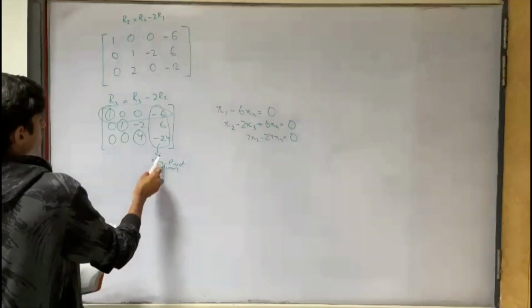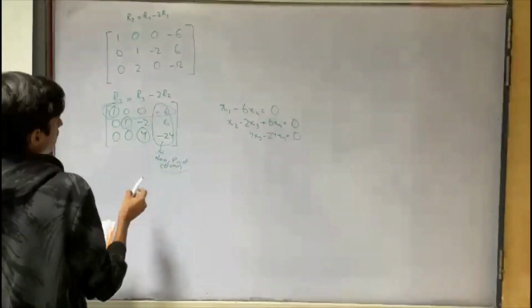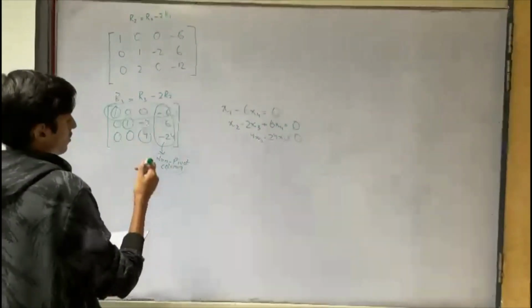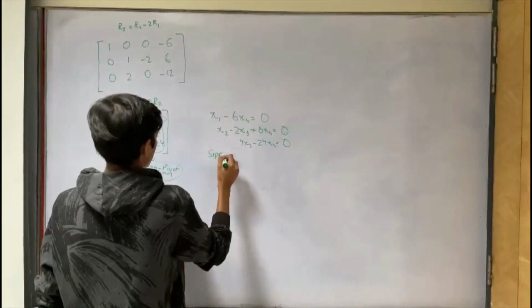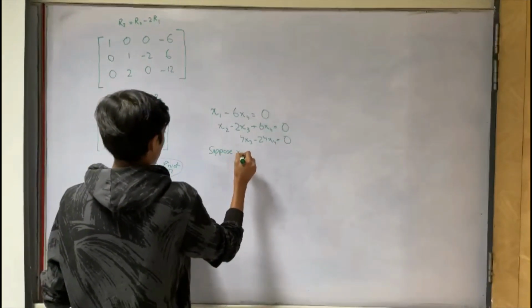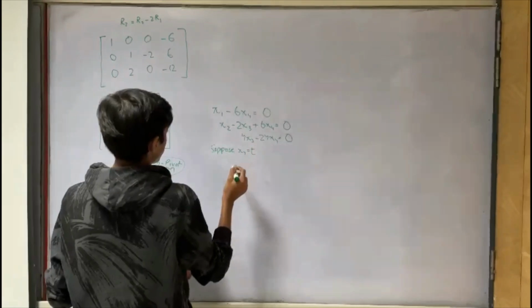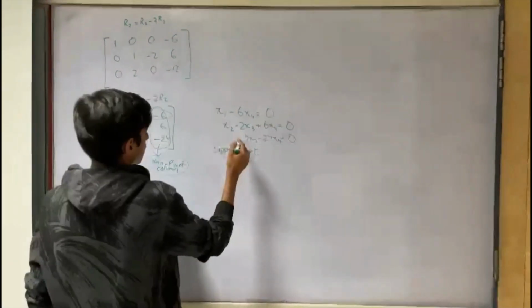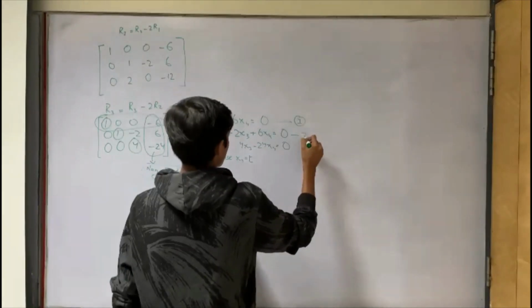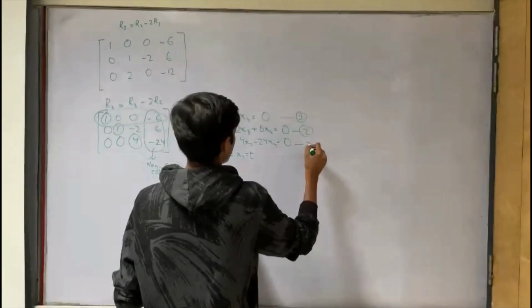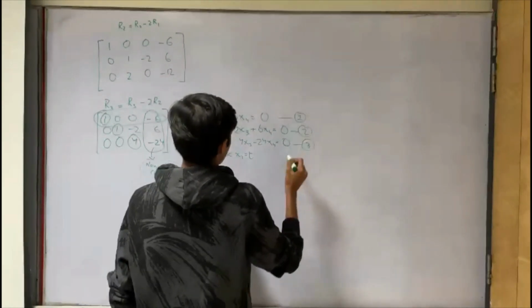And now as you know that this is the non-pivot column, so a free variable would be assigned to this column. So we will suppose x4 equals t. So after this, this would be equation 1, equation 2 and equation 3.